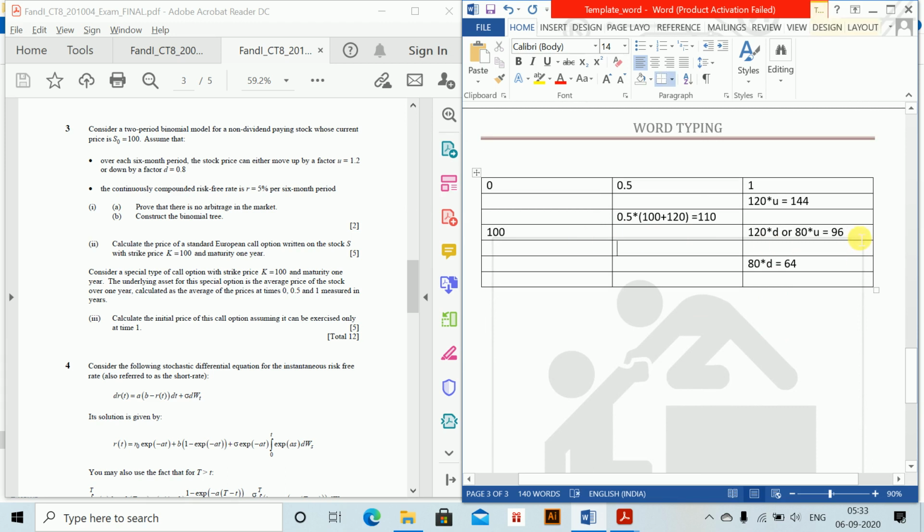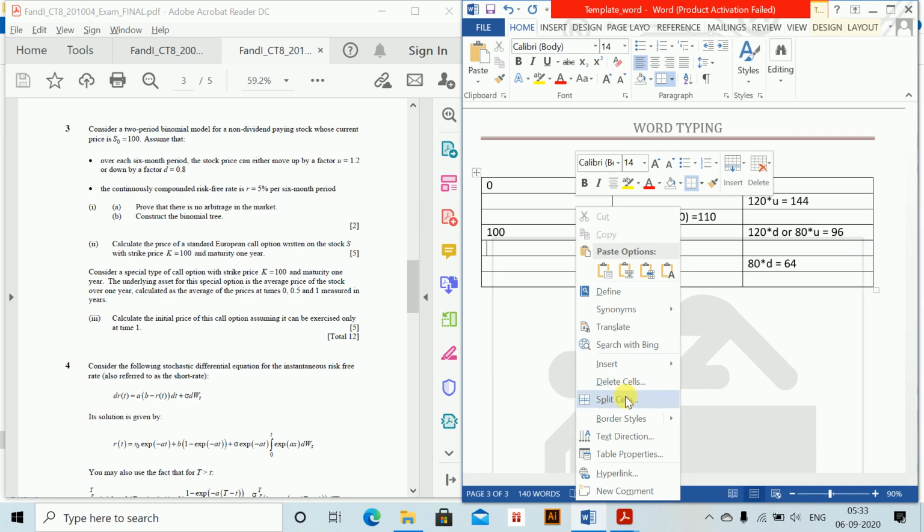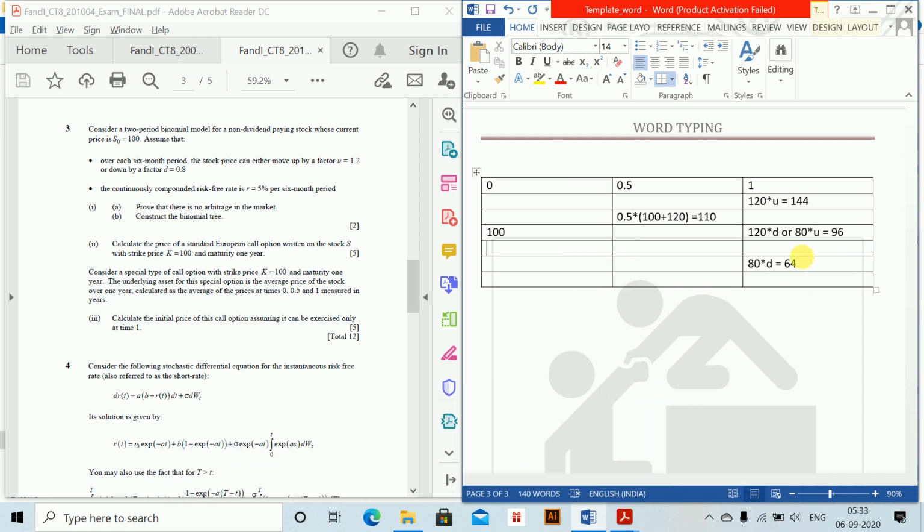I am inserting one row in between here, so that I have one space, and this is again 0.5 into 100 plus 80, which is equal to 90.